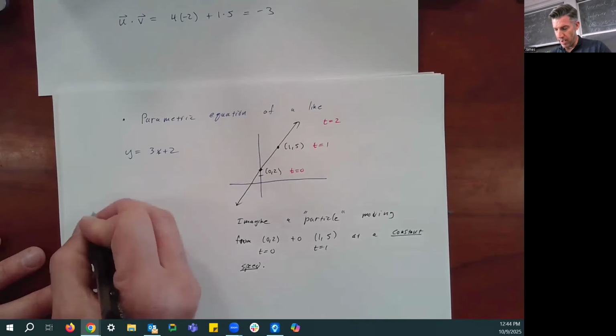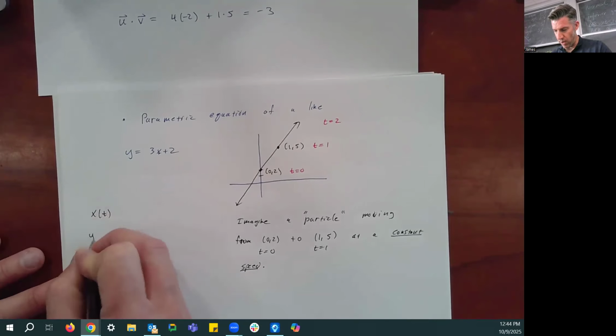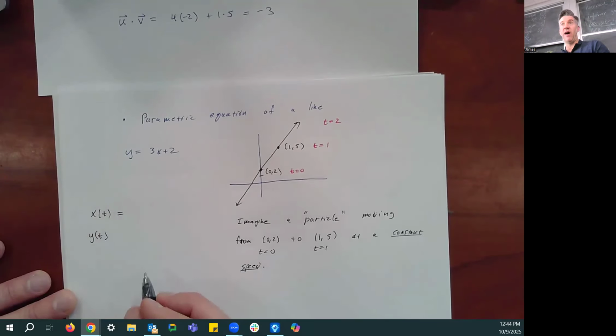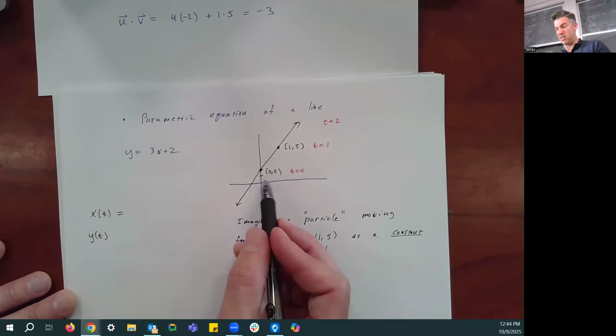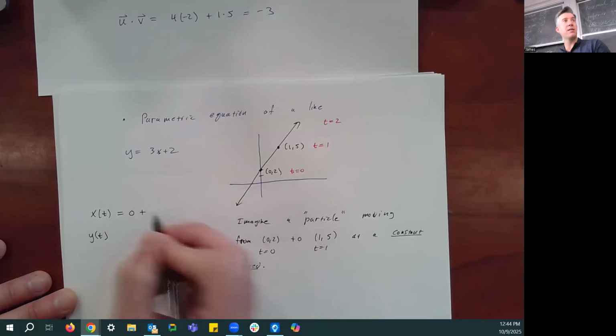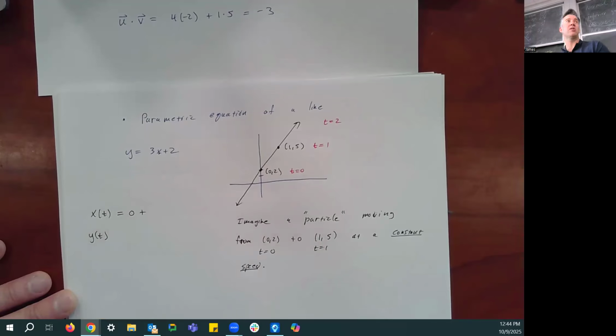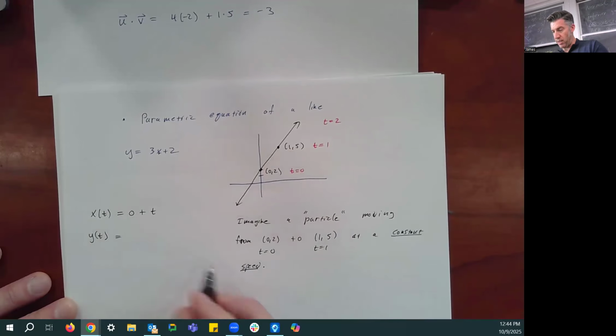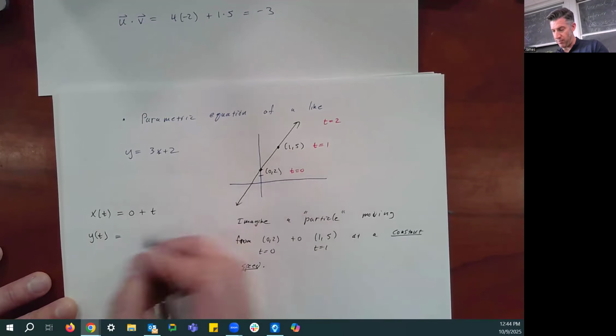We're going to say that x of t and y of t, x of t is just going to equal the value at time equals 0, which for x is 0, plus however far we're moving in the x direction every time we increase time by 1, which is going to be 1. So x is kind of unexciting. It's 0 plus t. Y, on the other hand, is a little more exciting. The y coordinate, at time equals 0, is 2.